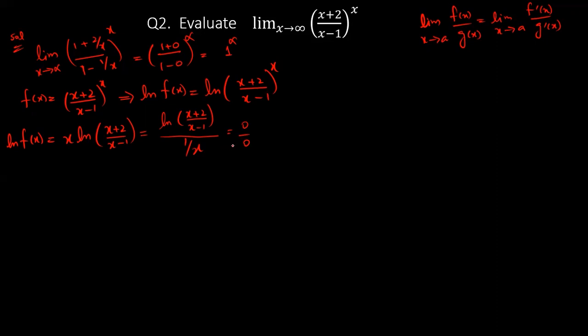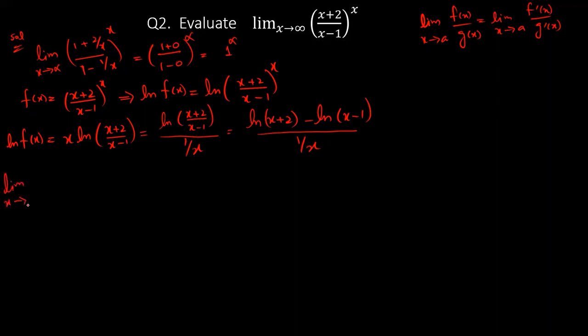But for L'Hopital rule, we need to take the derivative of these two functions, and when we take the derivative, let's rewrite it again. We can rewrite this function by using logarithmic properties: ln of x plus 2 minus ln of x minus 1, divided by 1 over x. So now this is our function, and we apply the limits on both sides.